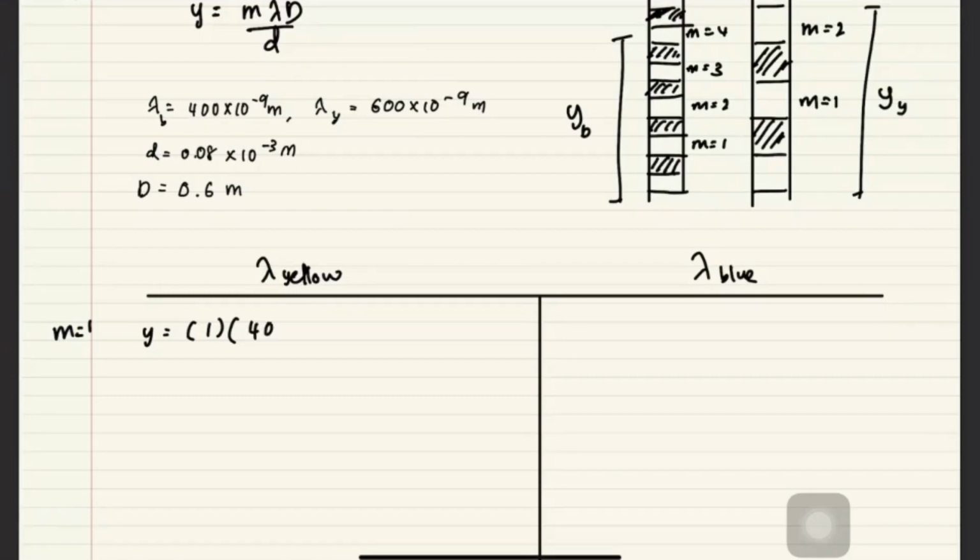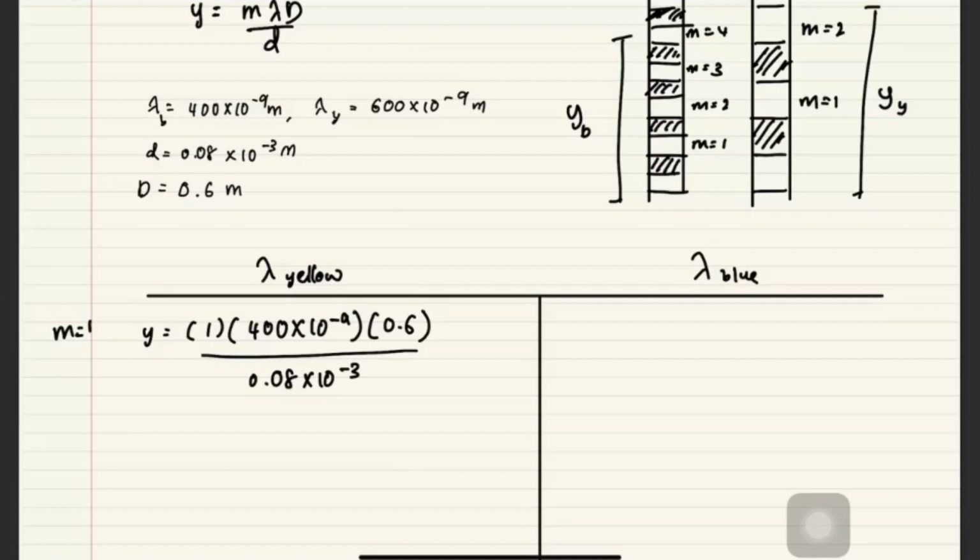So ini yellow, saya tukar tidak, saya tukar blue dengan yellow. Okay, so untuk yellow 400, D dia adalah 0.6, d kecil dia adalah 0.08. Okay.